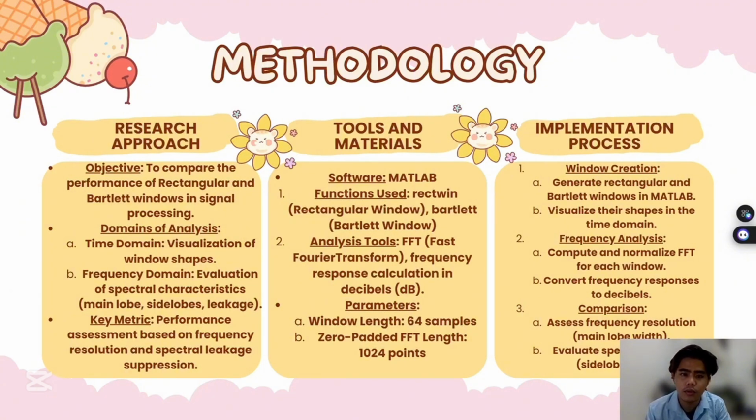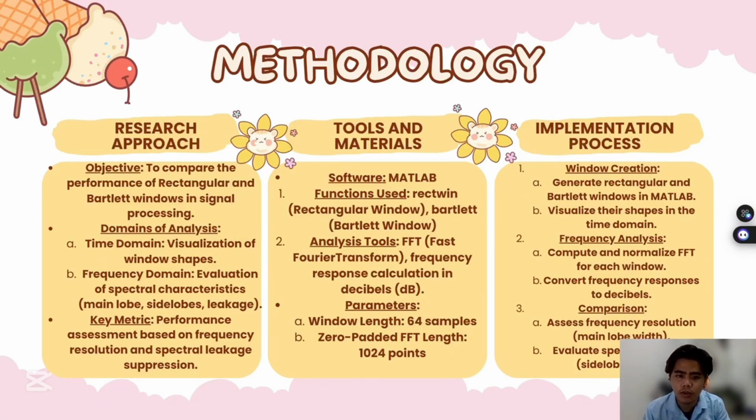The second one is about the tools and materials. We are using the MATLAB software. The functions used are rectwin for the rectangular window and bartlett for the Bartlett window.